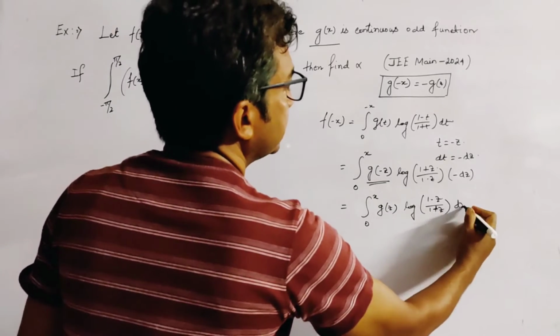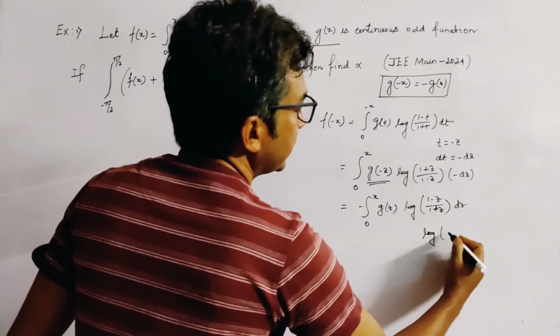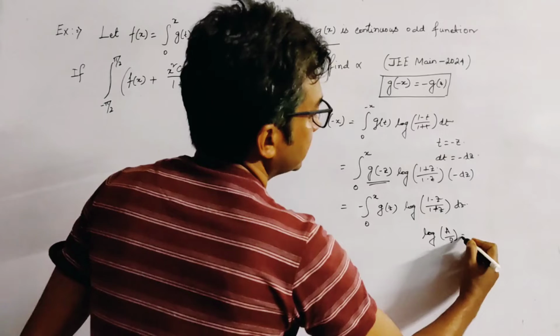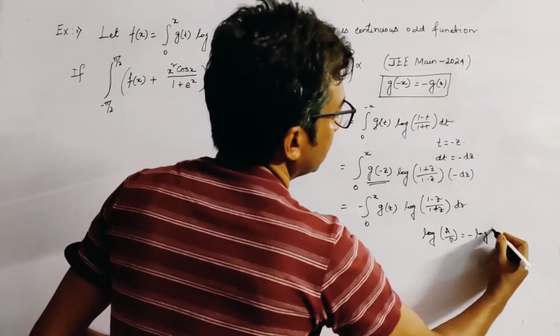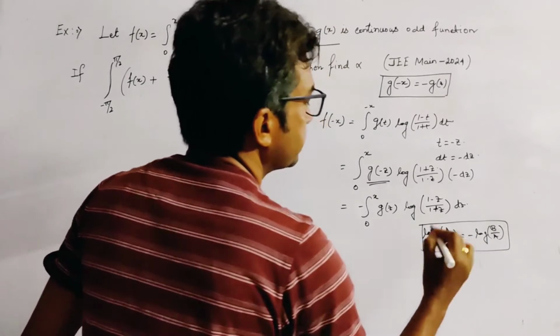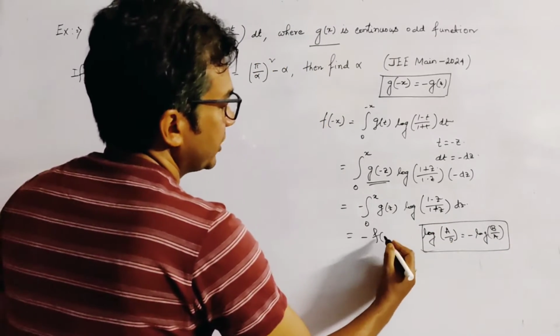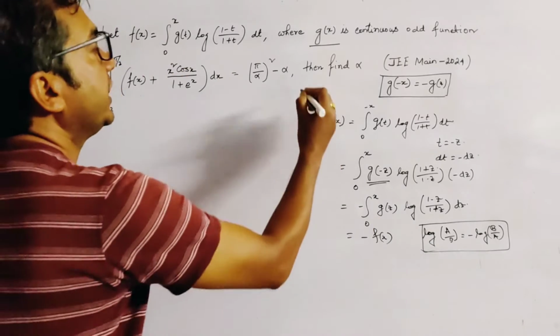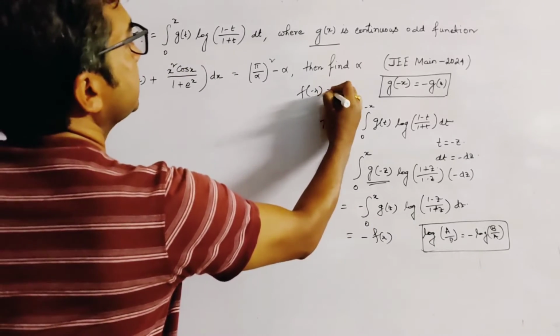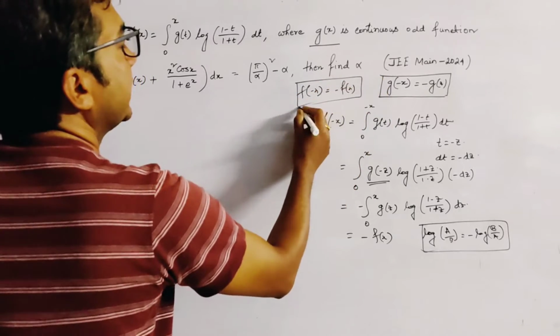We get another minus here, because log a by b equals minus log b by a. We use this property here, and this is minus f of x.